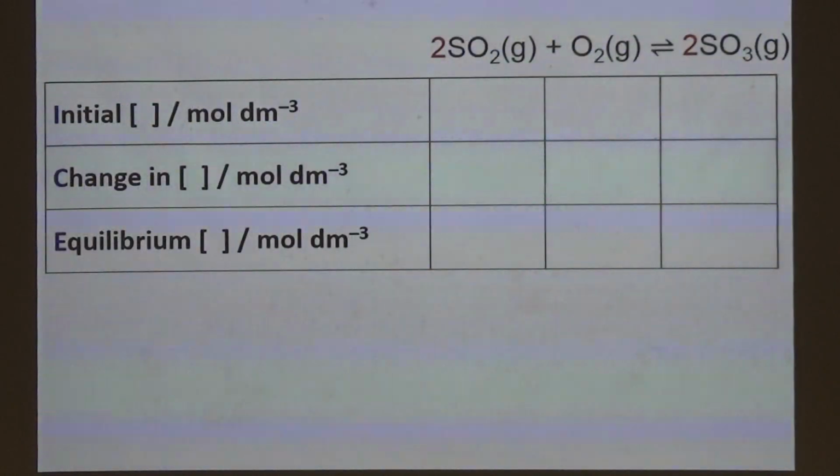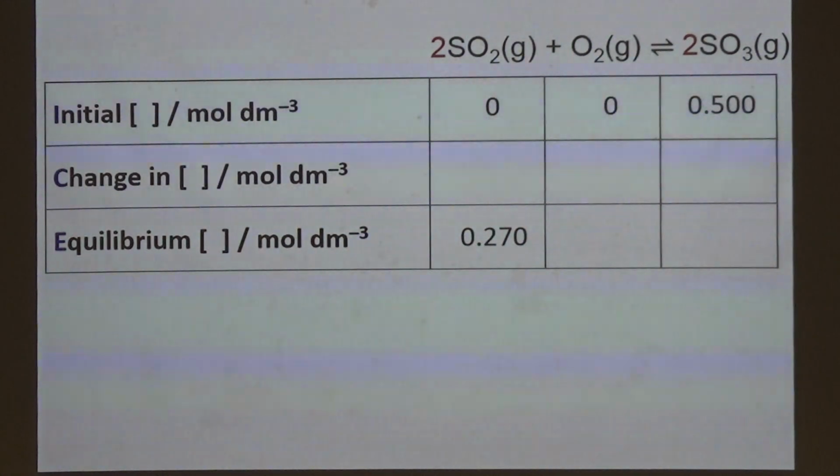Now if I put everything onto the ICE table, what is the initial concentration, what's the change, and what's the equilibrium concentration? The initial SO3 is 0.500. The initial SO2 and O2 are 0, because the question didn't say that any SO2 or O2 was added in. The equilibrium concentration of SO2 is 0.270.